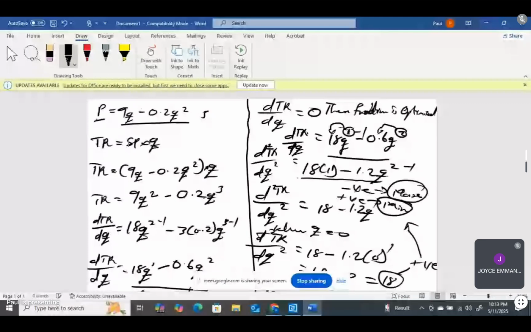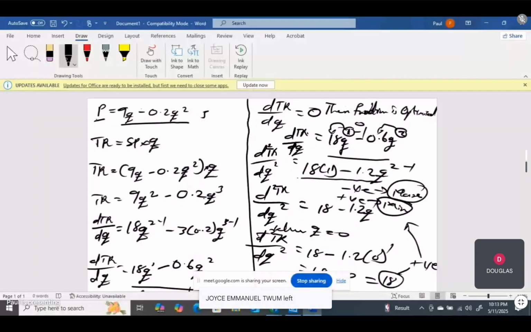Now, any number to the power 0 is 1. So 18 times 1 will still give you 18. Here the 2 will go and multiply 0.6, then we get 1.2. Then the 2 will reduce by 1. You should remember the rule of differentiation.